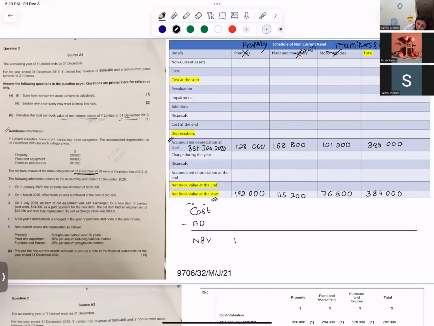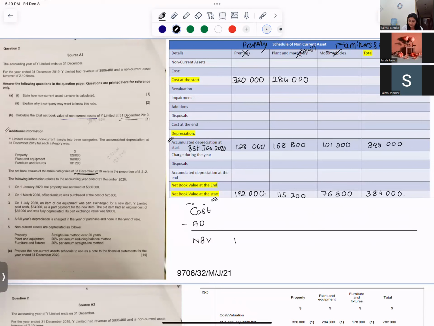320,000. For plant and machinery, 283,200. Sorry. For plant and machinery, 283,200. How? 115,200 plus 168,800 gives you how much? 284,000.